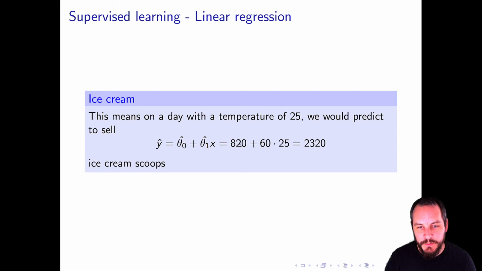So we have here the constant value. This would mean we would assume to sell 820 scoops, even though it has 0 degrees Celsius out there. So it's cold and freezing, but then the hotter it gets, the higher we would expect the amount of scoops that we're selling in our ice cream store.